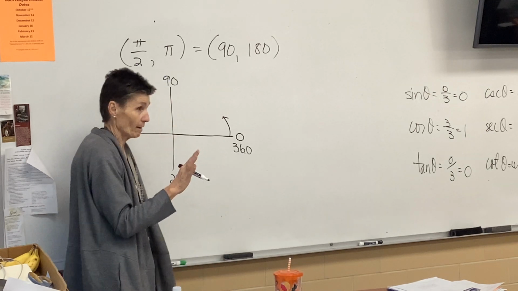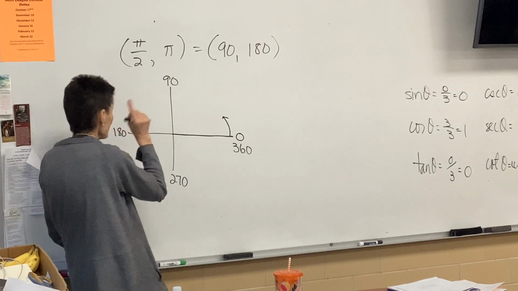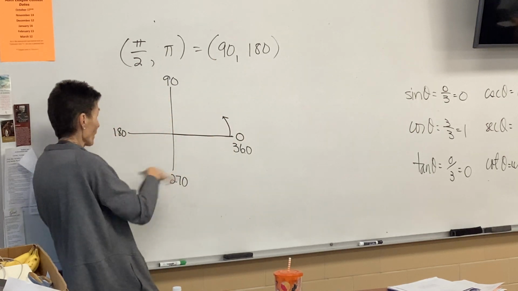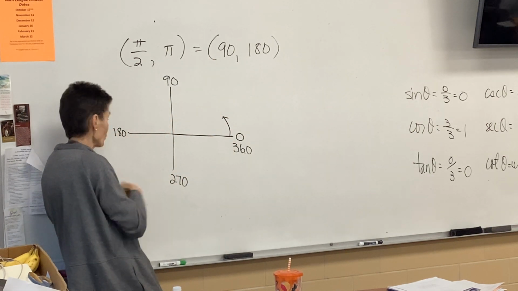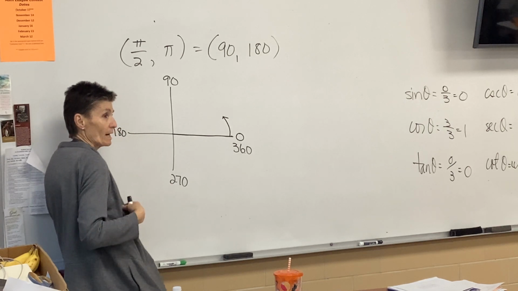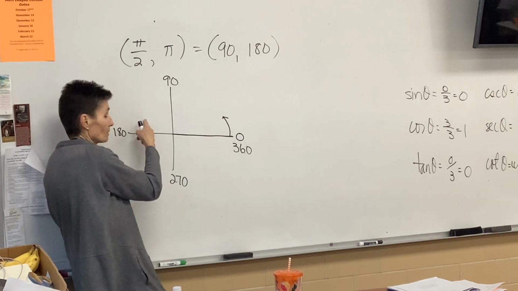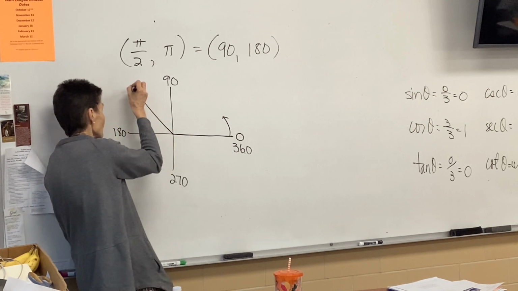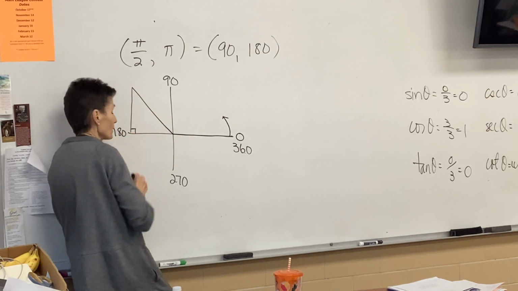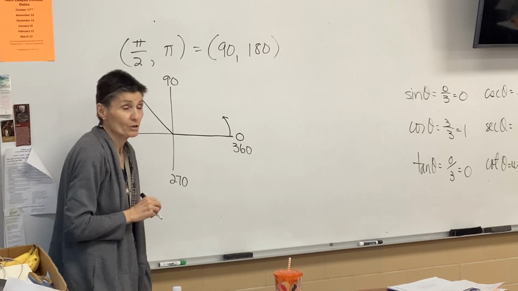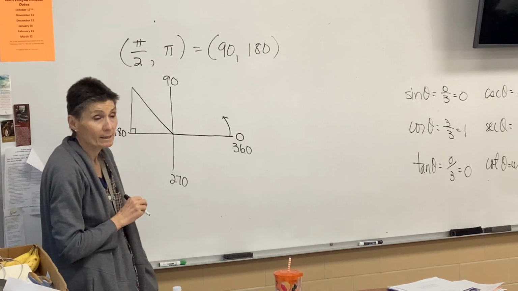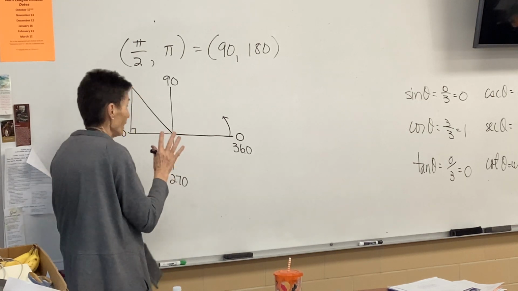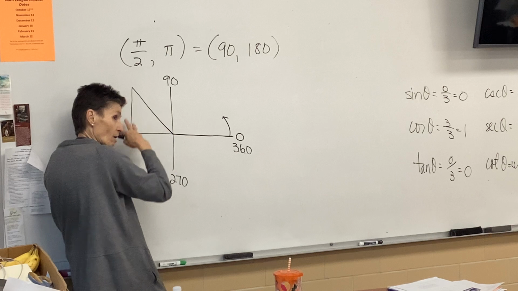So that's our setup. So if I am to be between 90 and 180, then where am I? Which quadrant am I in if I'm between 90 and 180? Quadrant 2? So if I were to draw my butterfly bow tie triangle in quadrant 2, because that's between 90 and 180, I have no idea what these lengths are.